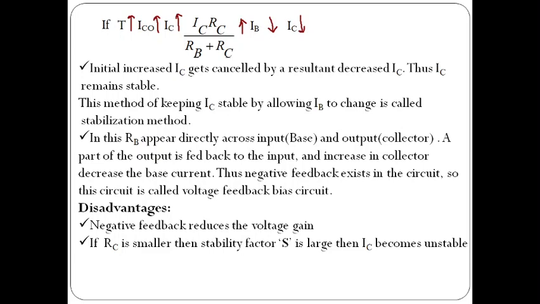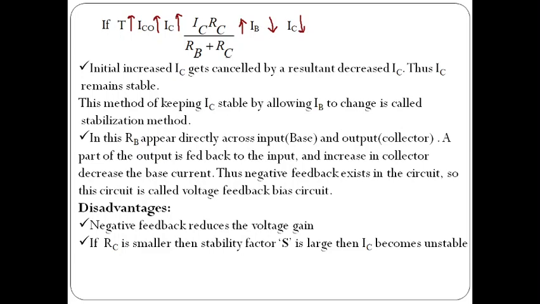So initially it increases the IC value, and then it decreases the IC value. This feedback is increasing the collector current and decreasing the base current, so this feedback is negative feedback.